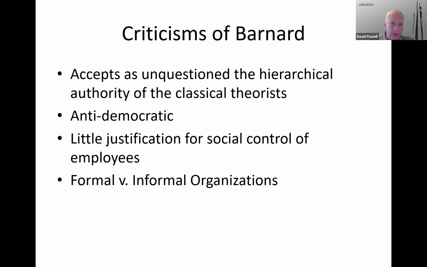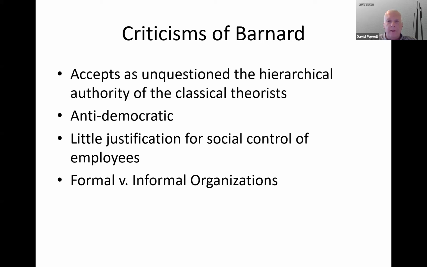The one I've already mentioned is the empirical evidence that some organizations don't go out of existence and don't lose all of their energies. Another criticism of Barnard is that Barnard and other natural systems theorists accept as unquestioned this hierarchical authority that came to us from the classical theorists of Weber and Taylor and the principles theorists.